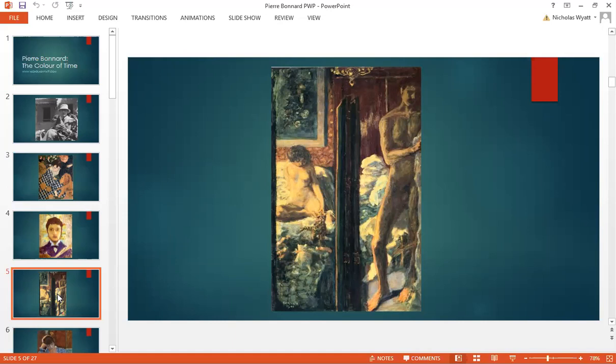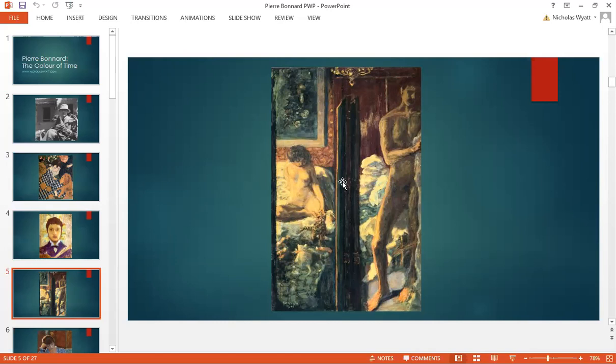And it depicts Bonnard and his girlfriend, later to become his wife of many years, Marthe de Méligny. And it's an interesting painting in the sense that this folding screen literally virtually divides the picture plane between Bonnard and Marthe.